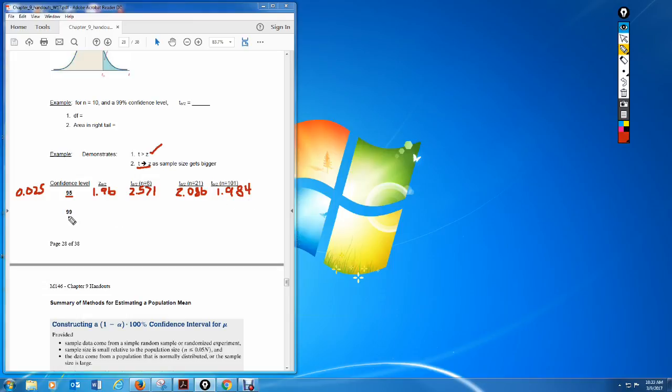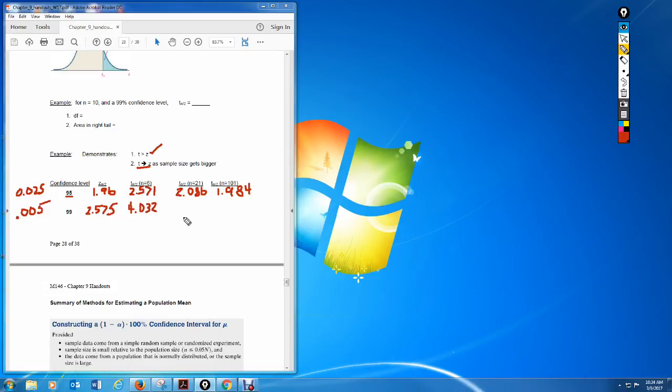Same thing for a confidence level of 99. We already went over this one above. It means that the area in the right tail is 0.005. We already know this number. The critical z-value is 2.575. We've used that one a few times. For a sample size of 6, the critical t-value is 4.032.